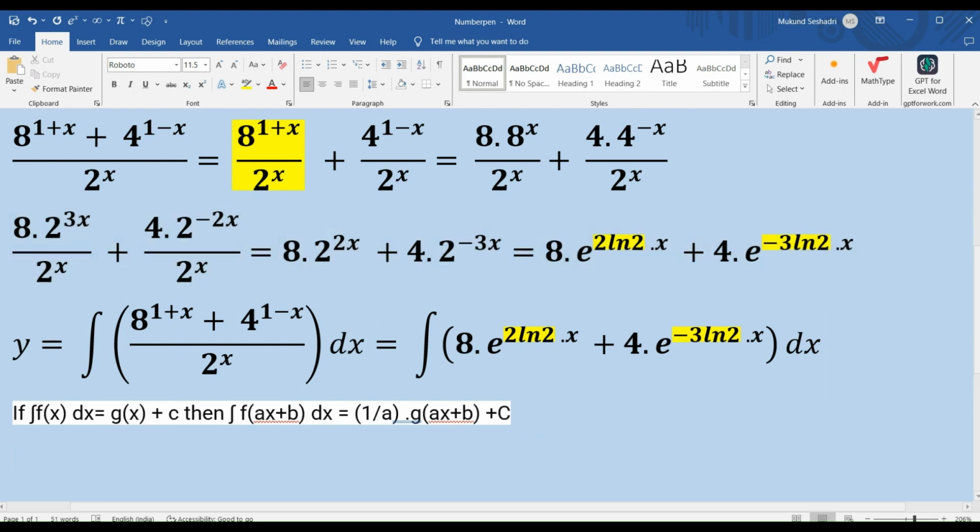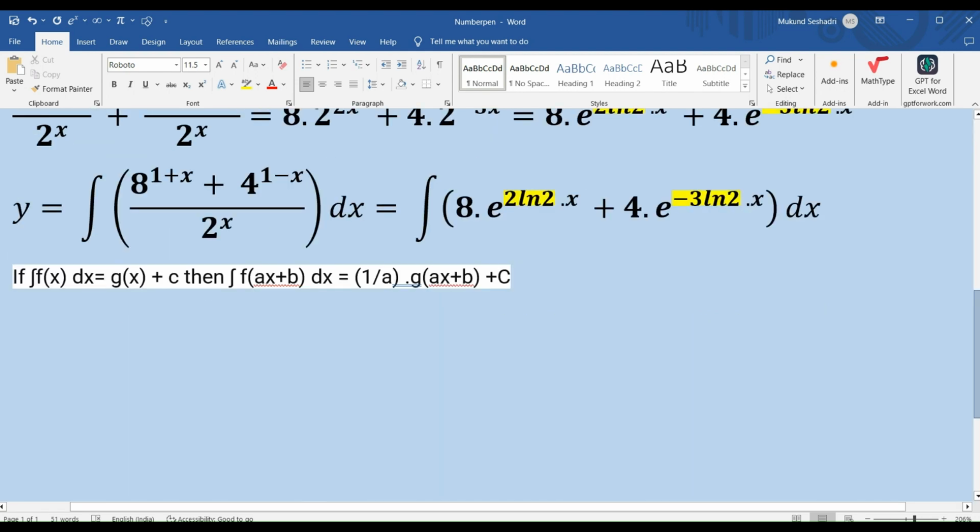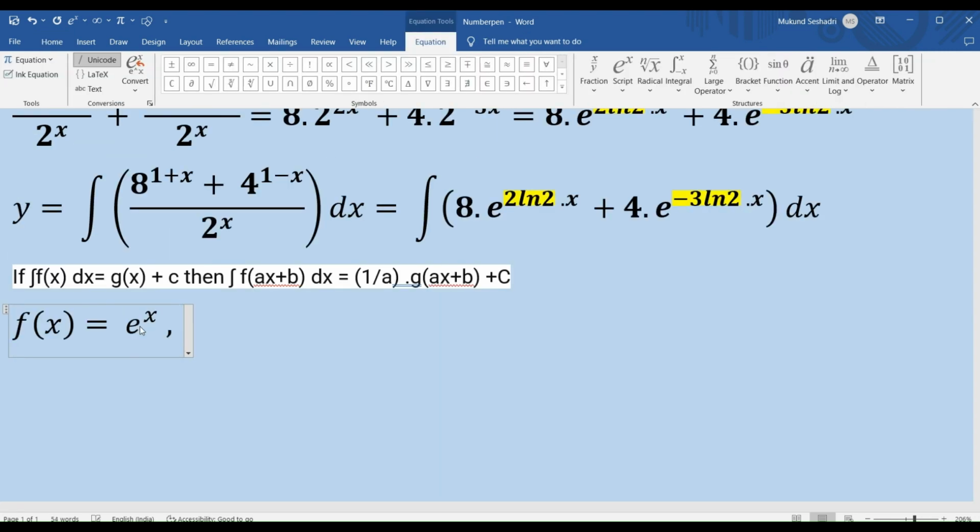My f of x is nothing but e to the power x. Then my g of x will also be e to the power x, because I know that the integral of e to the power x dx equals e to the power x plus c, right? And then I have my f of ax plus b. In the first case, it is e to the power 2 ln 2x, and in the second case, it is e to the power minus 3 ln 2x, right?